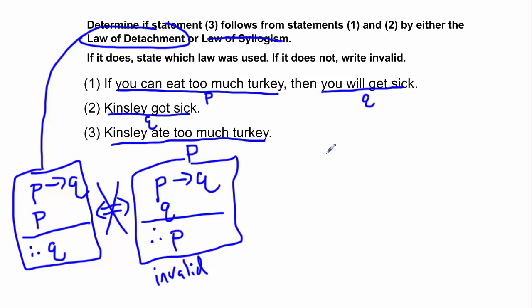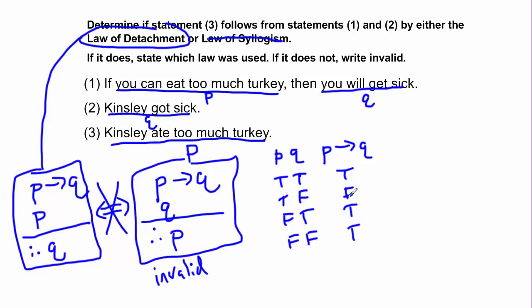All right, and if you think of the truth tables we talked about, for P and Q, you could have true and true, true and false, false and true, and false and false, right? And if I know the conditional in this case is true, this one comes out to be false. This one here is true and this is true.